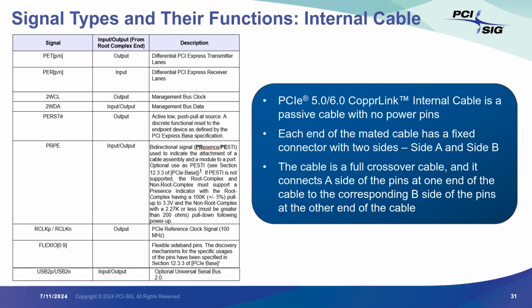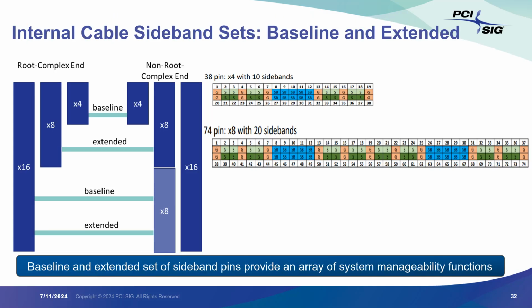It's important to note that from a cable assembly perspective, these definitions for the FlexIO at the system level have really no bearing on whether the cable is compliant or will work in the system. The cable assembly itself is wired again from A to B, and those FlexIO pins are going to transmit across from one side to the other, although they may serve a number of different functions depending on the application.